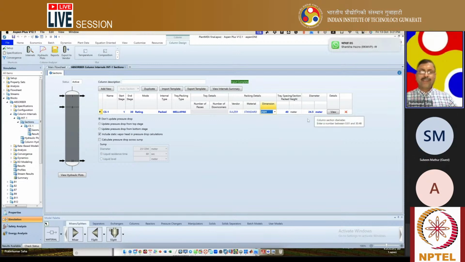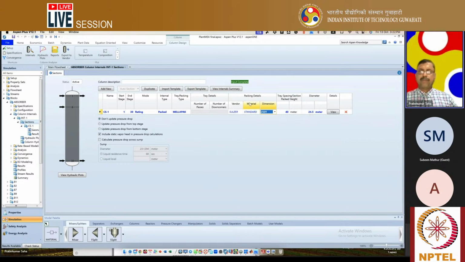So you can imagine what a gigantic size it has. And the tray spacing, you can see that actually it is an entire column. So it is a 40-meter column, 40 meters by 24.5. So the L by D ratio we are maintaining around this, but you can see what the diameter is.